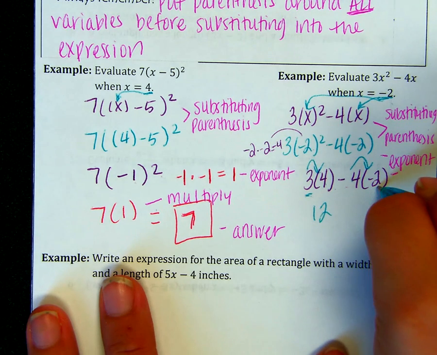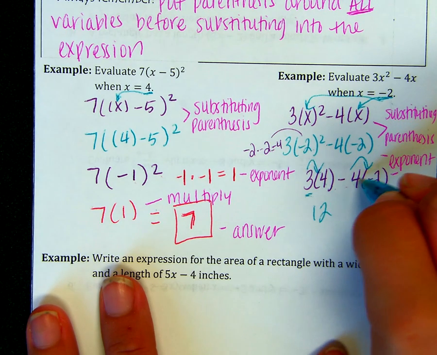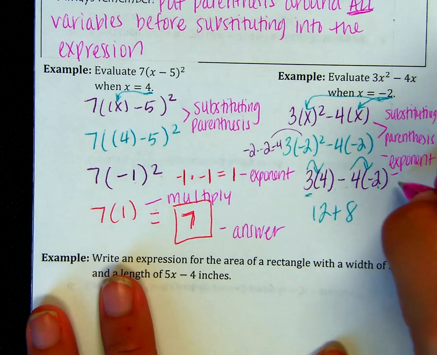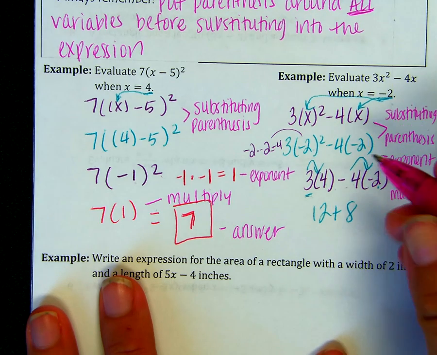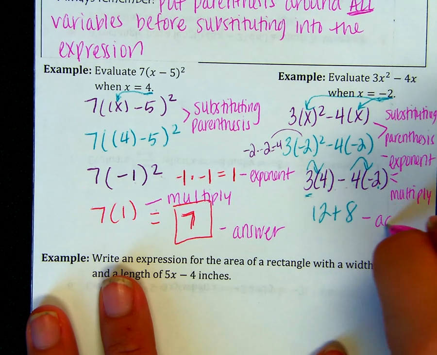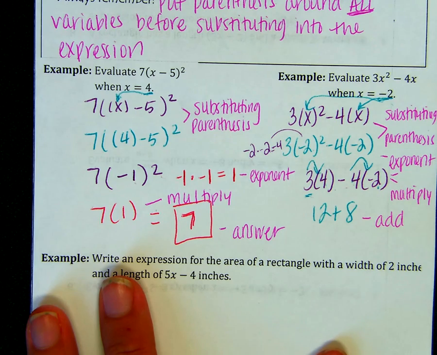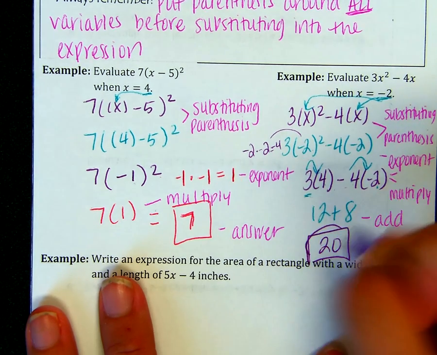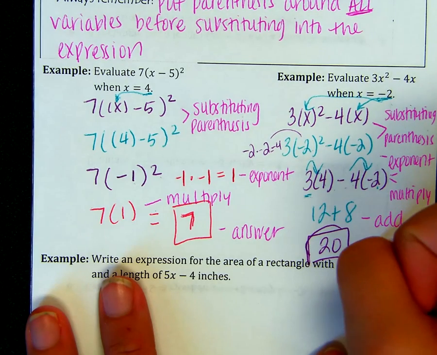Negative 4 times, you always take the sign in front, negative 4 times negative 2, which is 8. So here we multiply. Then 12 plus 8, we're adding. 12 plus 8 equals 20. That is your answer, and you are finished.